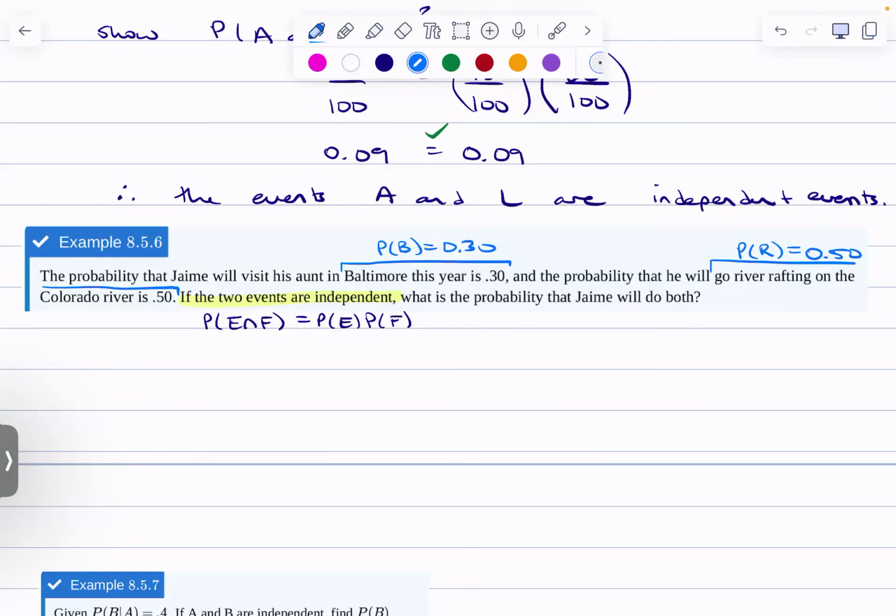And we want to find the probability that Jamie will do both, the probability of B and R. From our general formula, the probability of B and R is the probability of B times the probability of R.